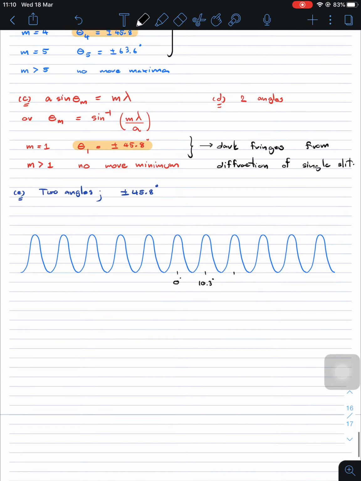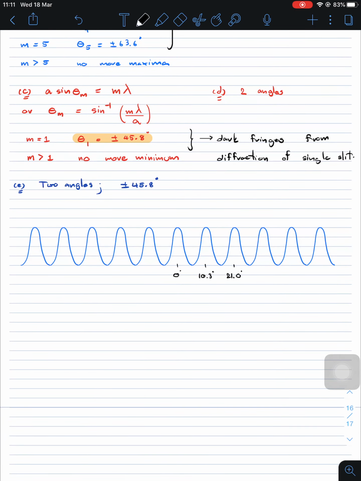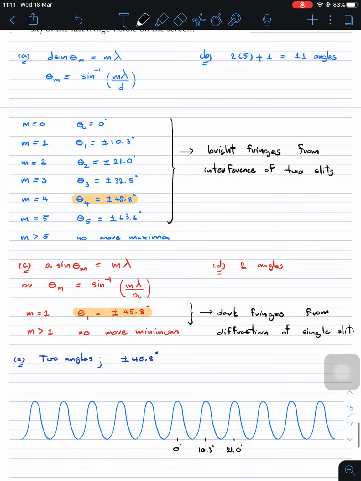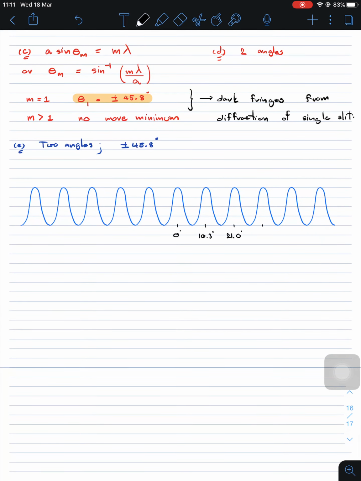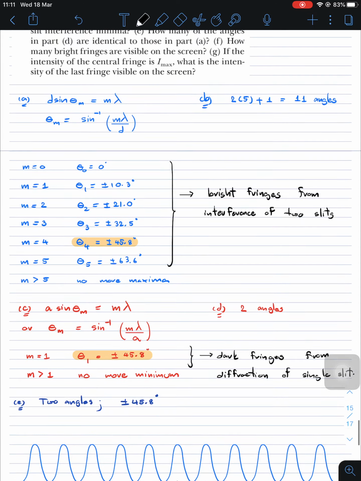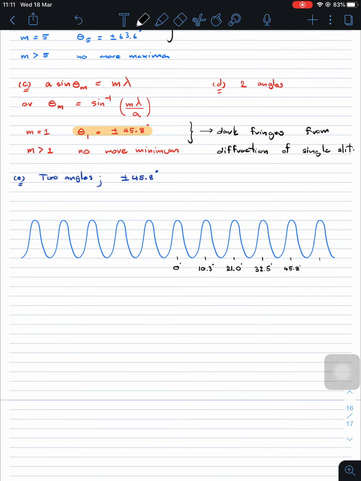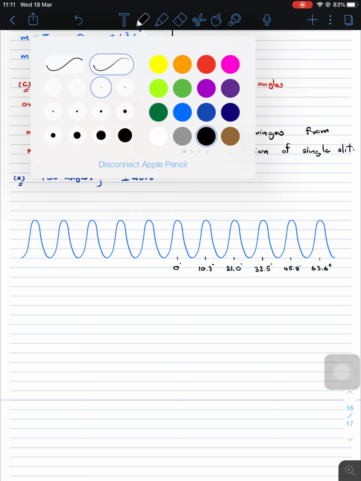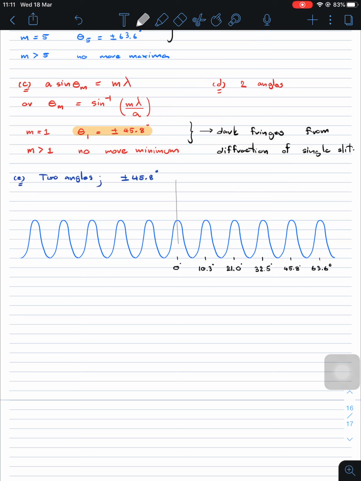The next one is 21.0 degrees, and then 32.5 degrees, and 45.8 degrees, and then finally 63.6 degrees. On the left-hand side it's just the same. Let me take a note first that this is the central maximum here.